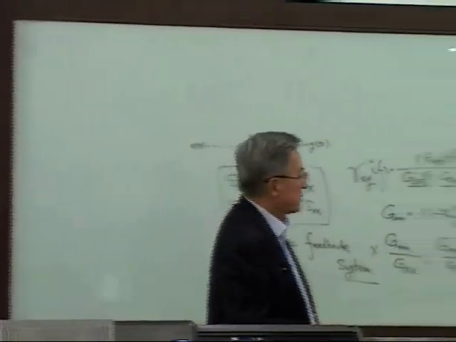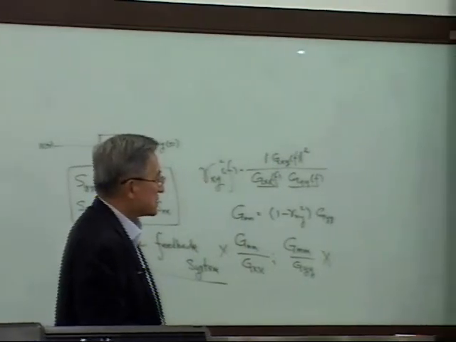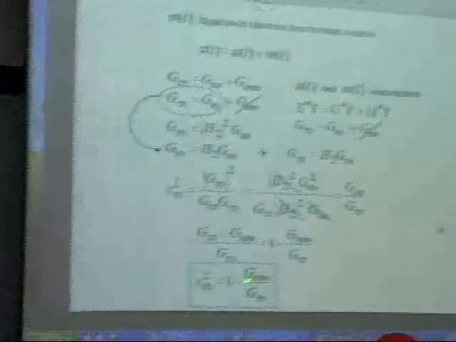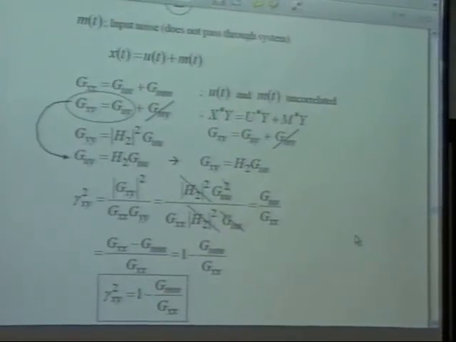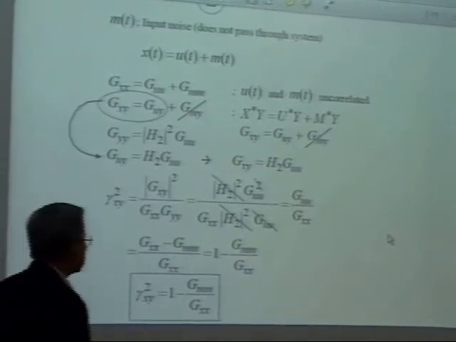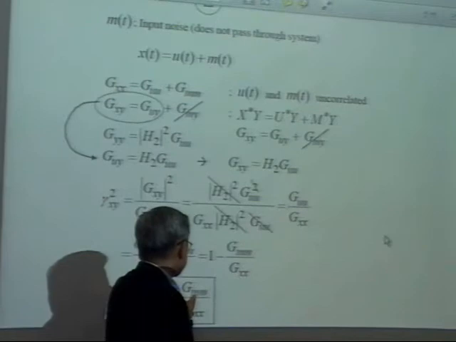you have the boxed relation: gamma xy squared is equal to 1 minus Gmm over Gxx. This is Gmm, not Gmn.